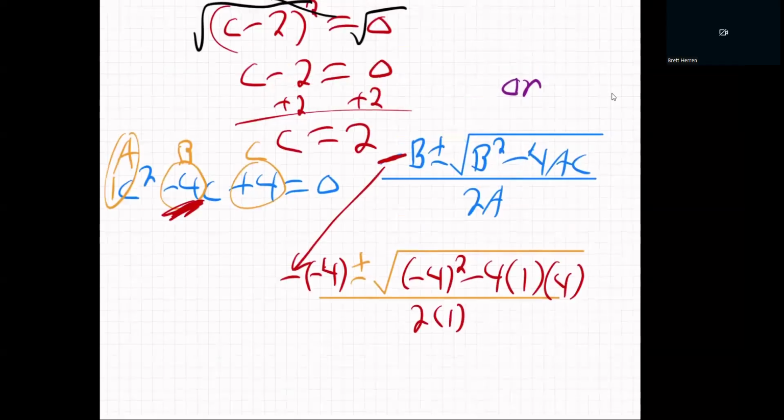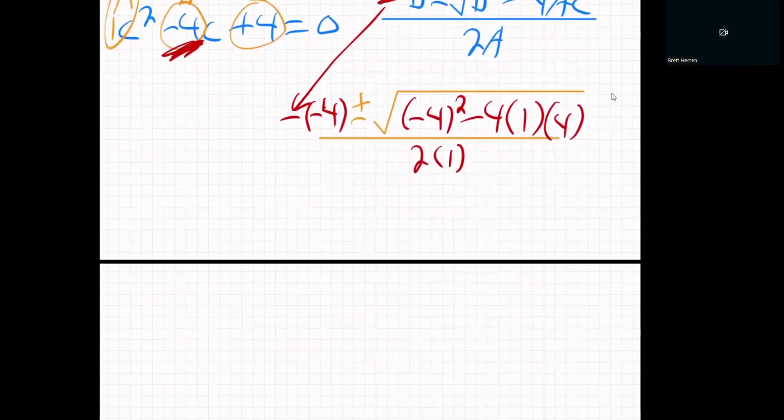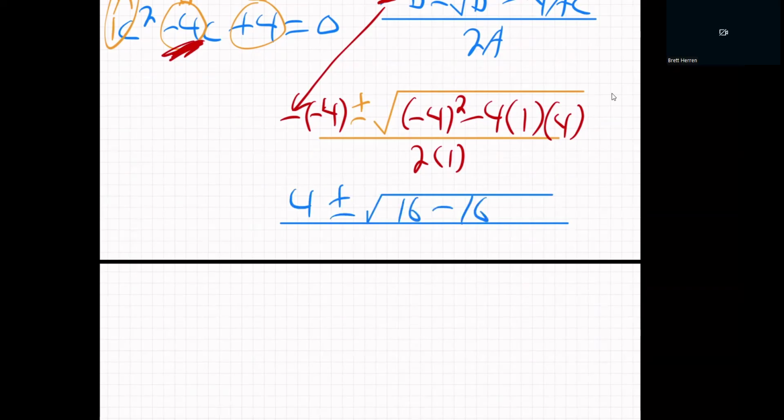All right, so coming on down. What do we got? This would be plus or minus the square root of 16 minus 16, all over 2. Oh, that's nice. So this is just gone, 0. So it's just 4 over 2. Oh, yeah, we didn't need more space. Just 2. There it is. Because all the rest of the stuff's gone.